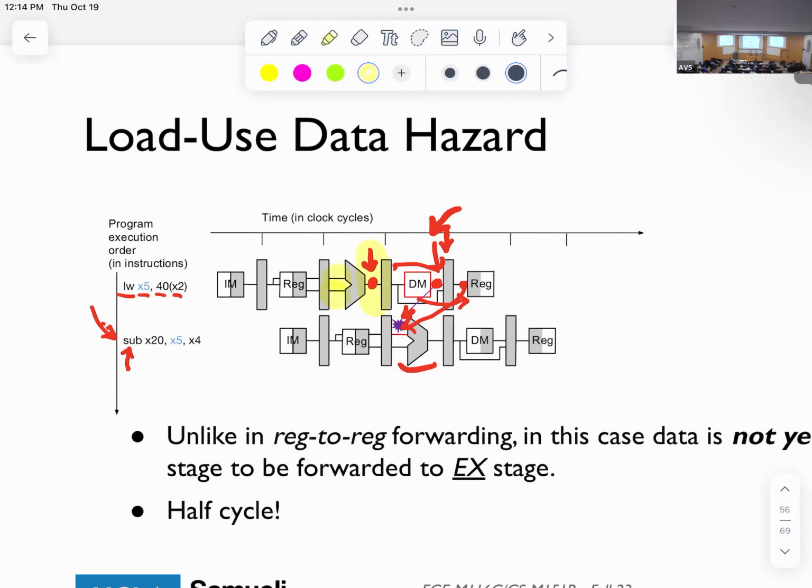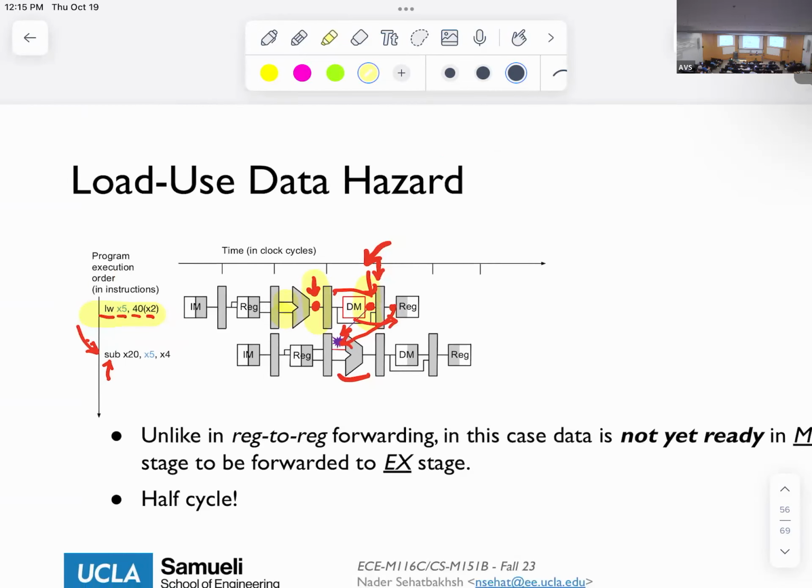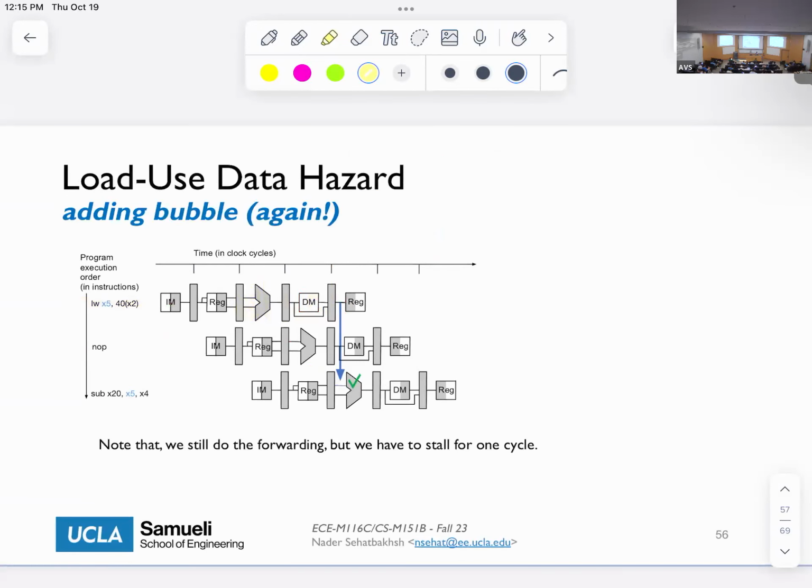But for the memory operation specifically, since this correct value is only available at the end of the cycle, I cannot really use that during that cycle. Okay, so that's kind of the difference between the two types of hazards.